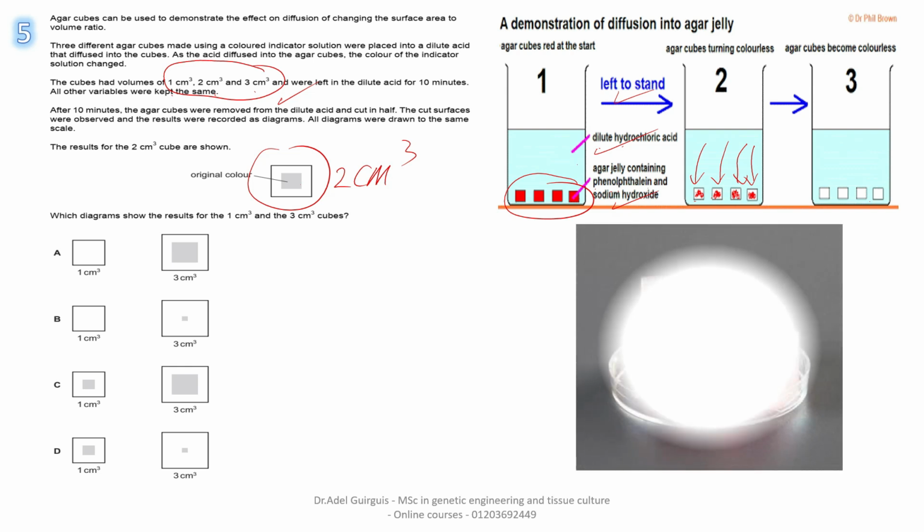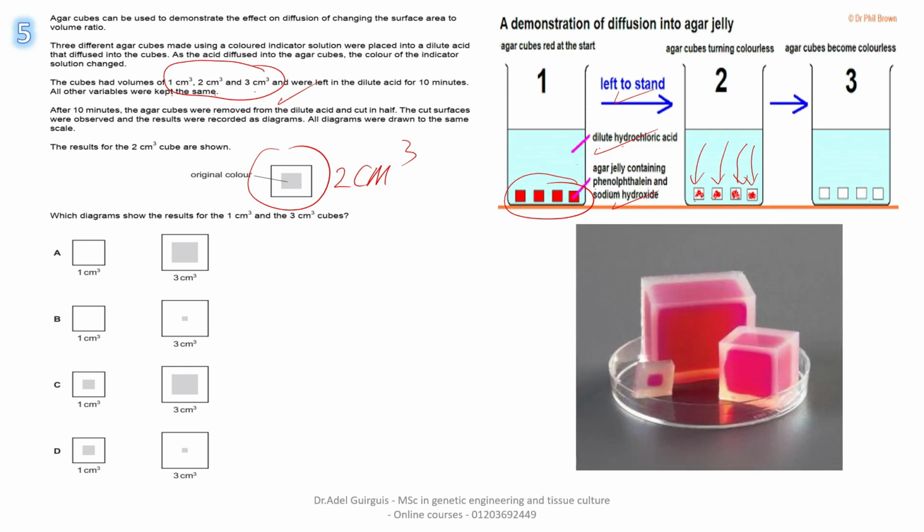Of course, like this one, the larger, the medium-sized cube, and the smallest cube like this. Look at the diffusion distance where acid neutralizes the alkali. Of course letter B is wrong. Why?